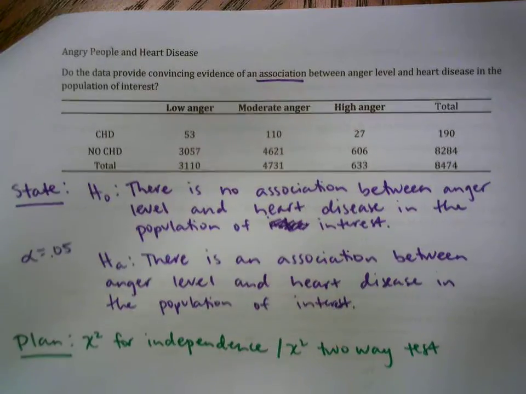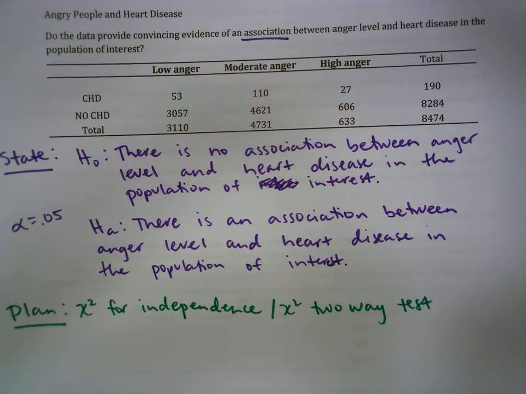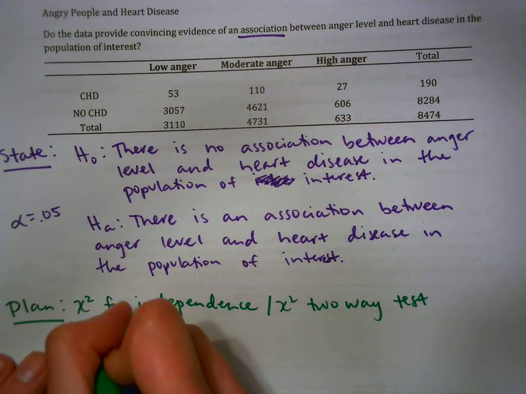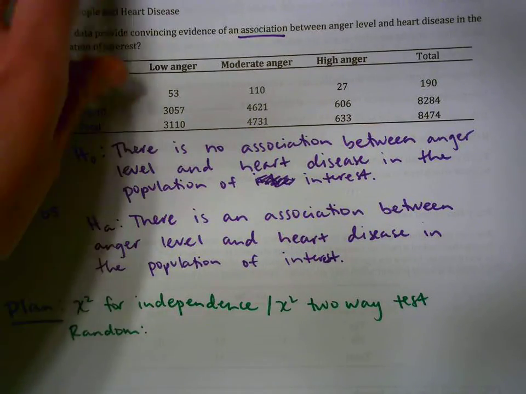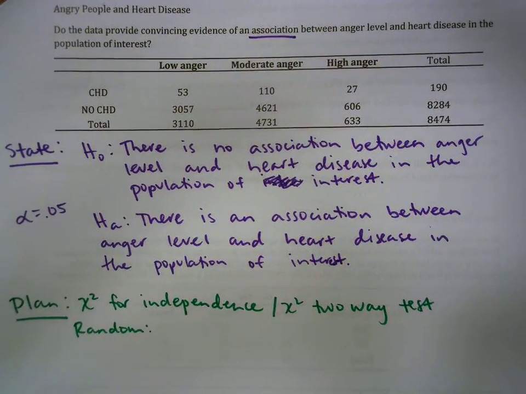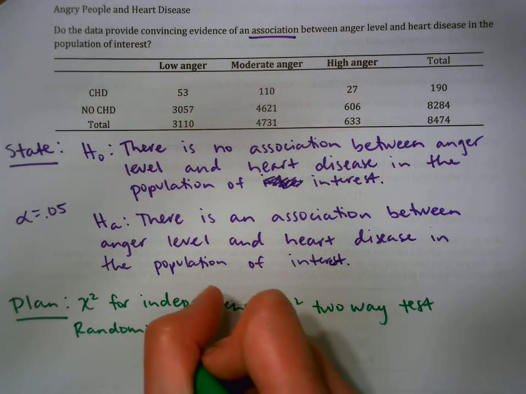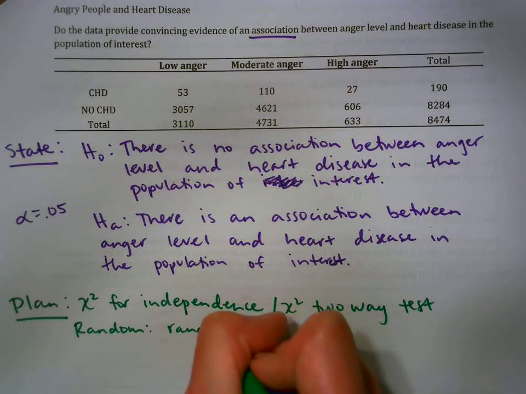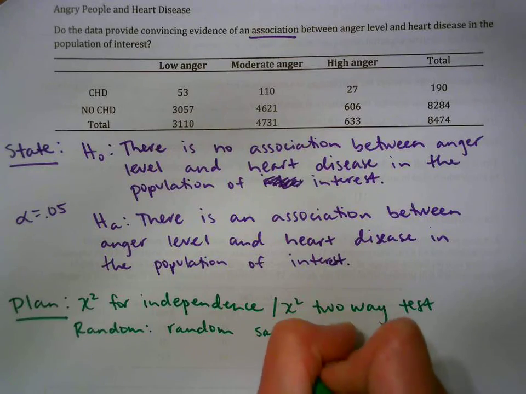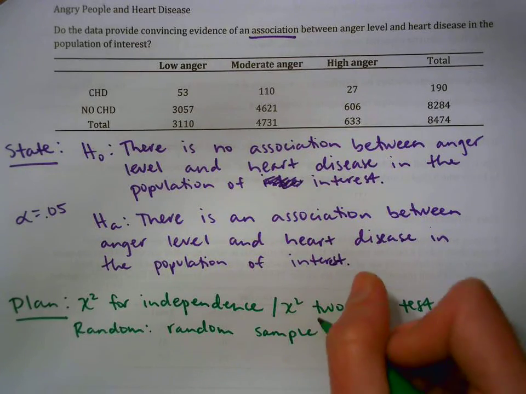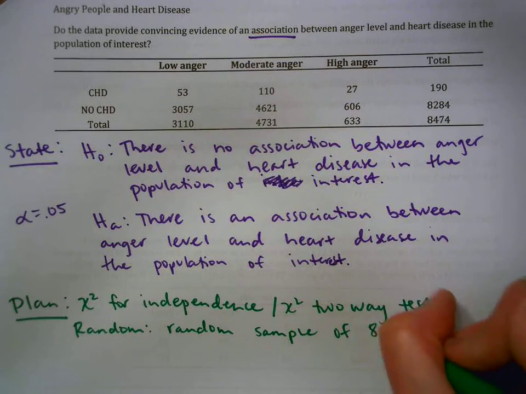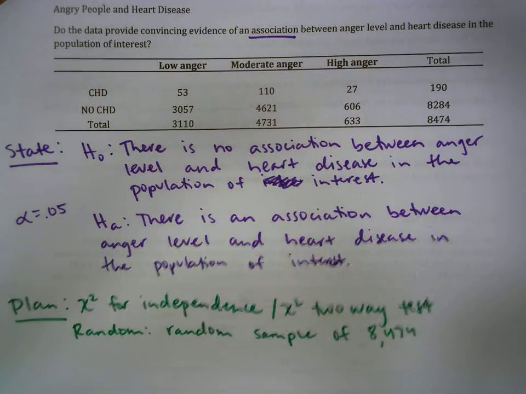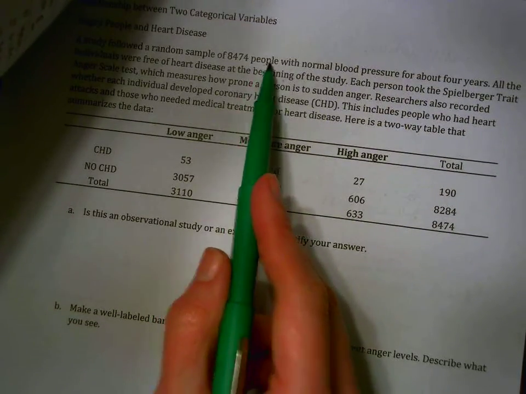So your first condition is random. What was random? Now you need to go back to that original problem. And they took a random sample. And if you want to go ahead and write down what the amount was, it was 8,474. Was it specific on the type? Let me see. People with normal blood pressure.